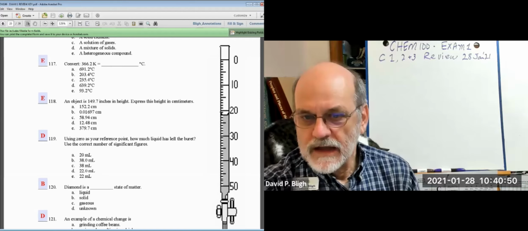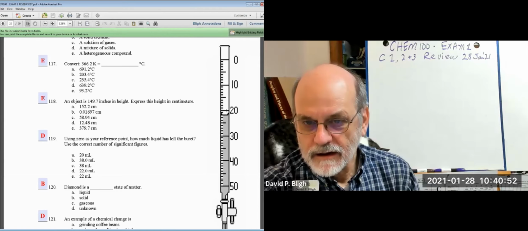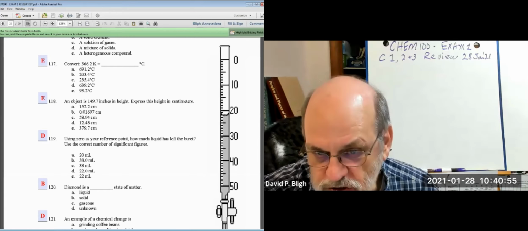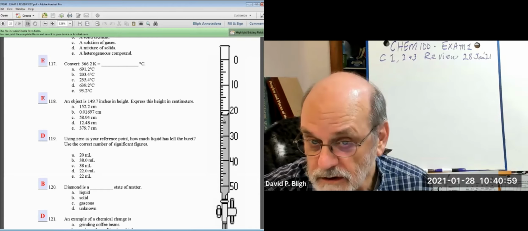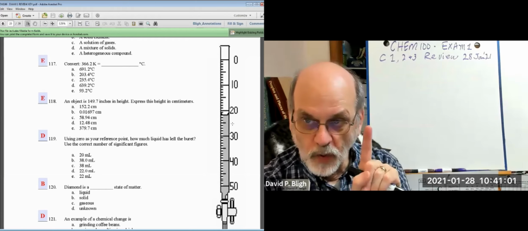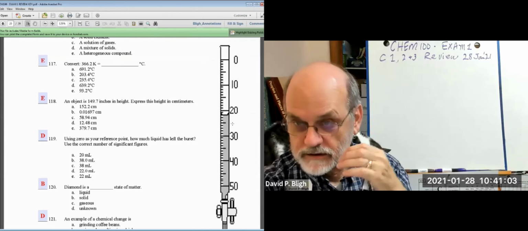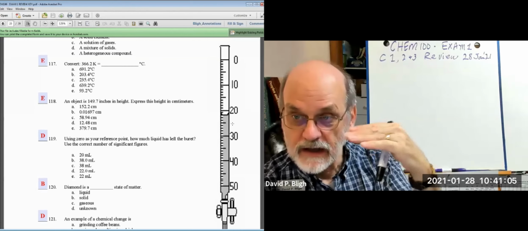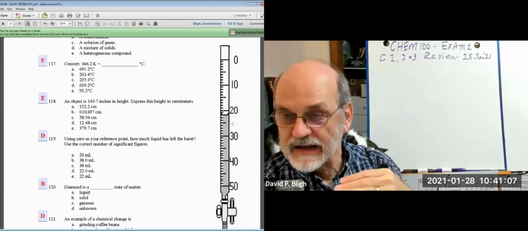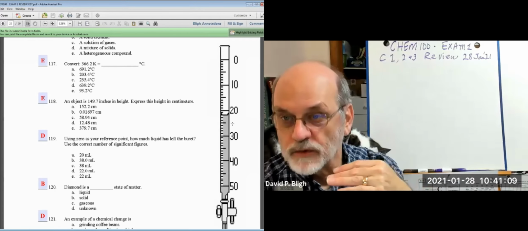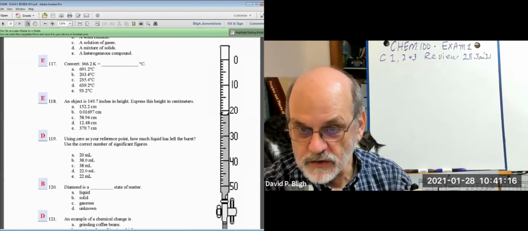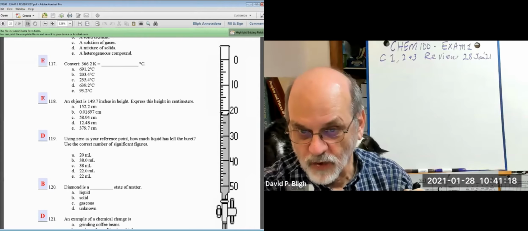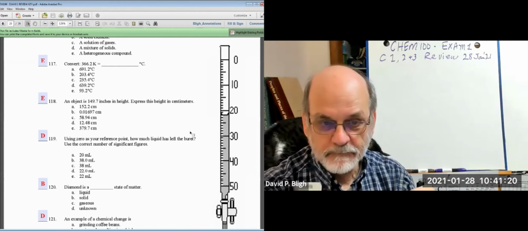So if we read 20 and we look at the subdivisions, between 20 and 30 there are 10 markings. So each one is worth 1 milliliter. We've moved down to this 22. There's 1, 2. It's not 3, it's not 1, it's 22.